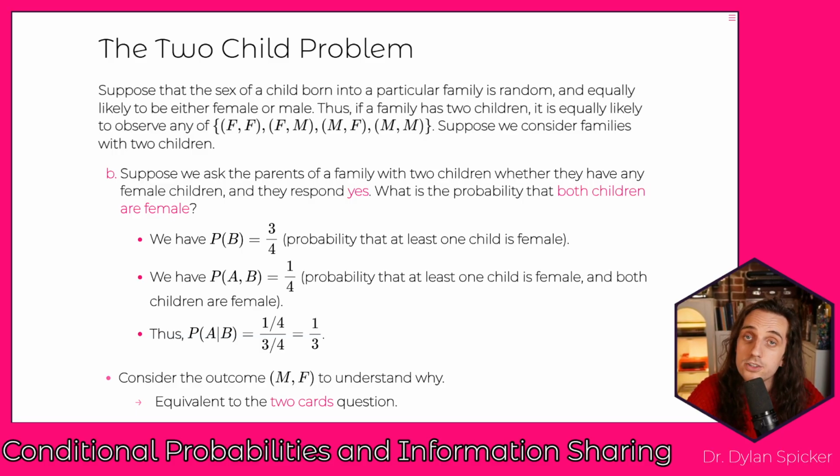And this seems really strange on first glance, because if I tell you that the younger child is female, that's giving you more information than if all I tell you is that at least 1 child is female. This is really strange, but it also shows us why it's really important for us to actually mechanically work through these things and to really think critically about what information we have and what information we are looking for.